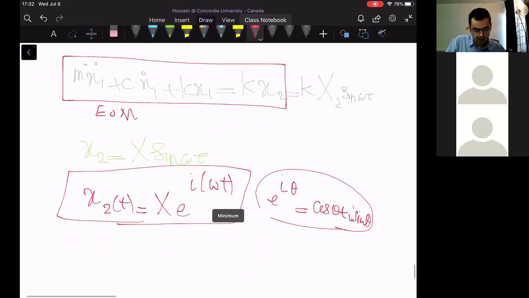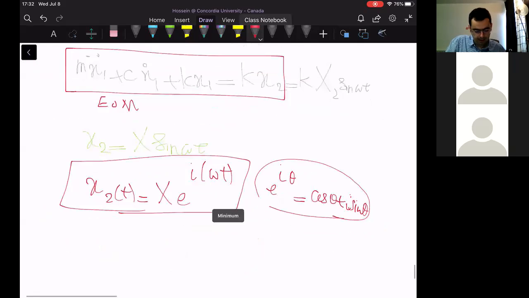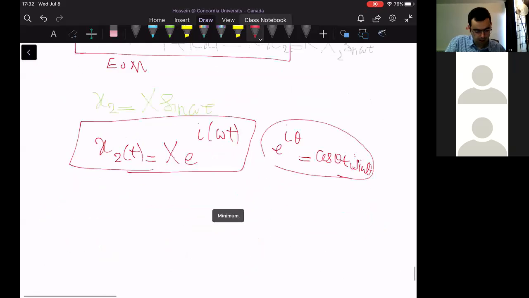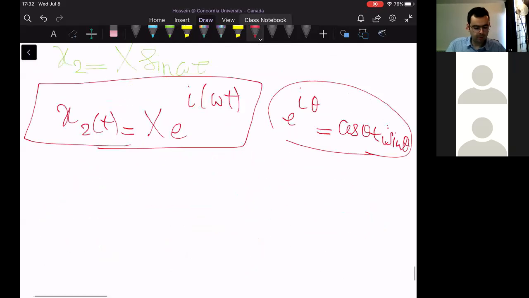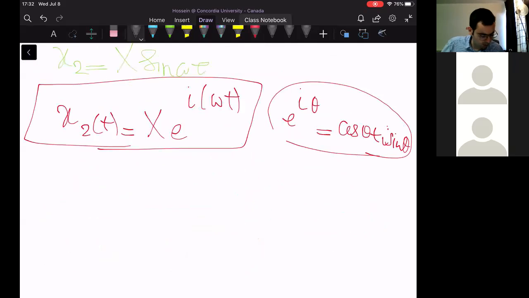Therefore, for solving this equation, let me take advantage of this, and we know that the response of forced oscillation is x1 equal to x sine of omega t minus phi. There is a phase lag between the output, which is x1, and the input x2. Why?